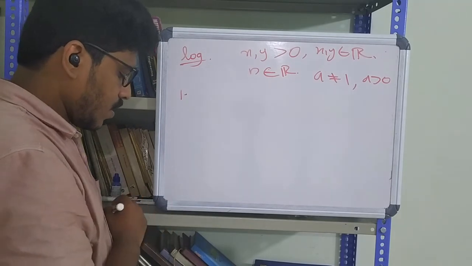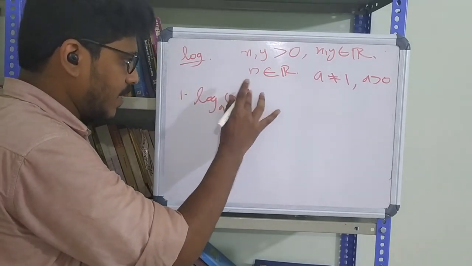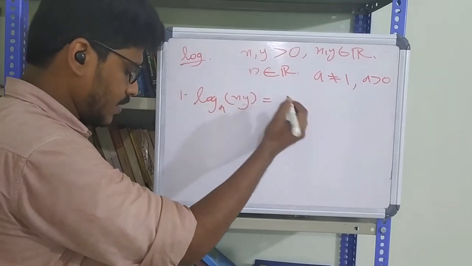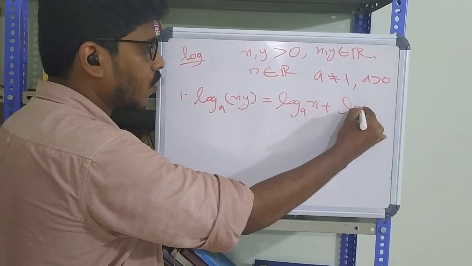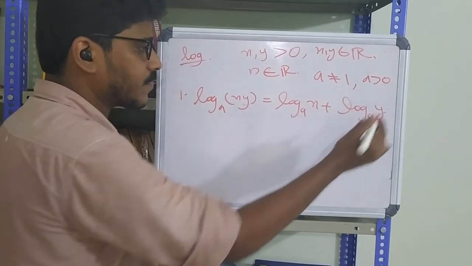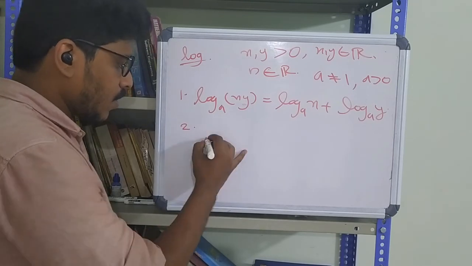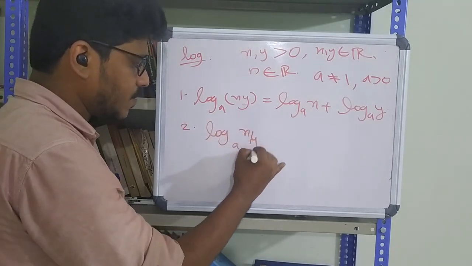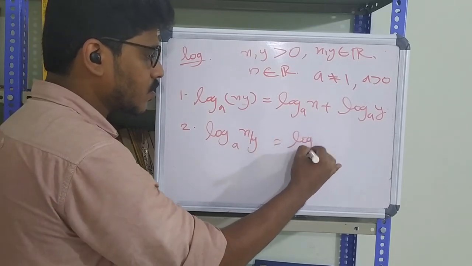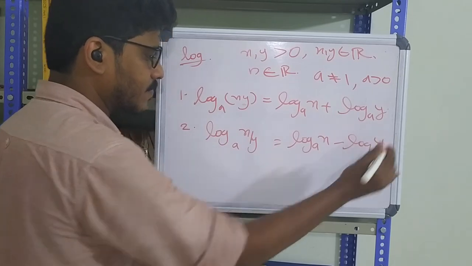1, log to the base a of xy, x into y, is equal to log to the base a x plus log to the base a y. The second property, log to the base a of x by y equal to log to the base a x minus log to the base a y.